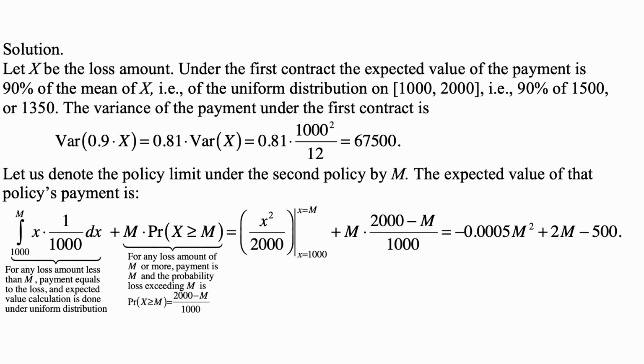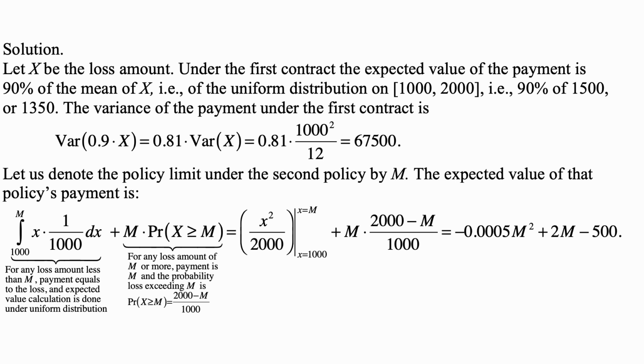Let us denote the policy limit under the second policy by M. The expected value of that policy payment is the integral from 1,000 to M of X times 1 over 1,000. 1 over 1,000 is the density of the uniform distribution we're working with. And note that for any loss amount less than M, payment equals the loss, and the expected value calculation is done under the uniform distribution.